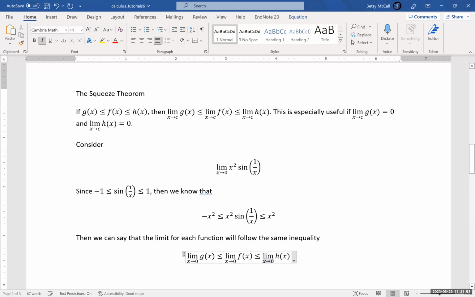And we're going to replace our g of x with negative x squared, our f of x with x squared sine of 1 over x, and h of x with x squared.